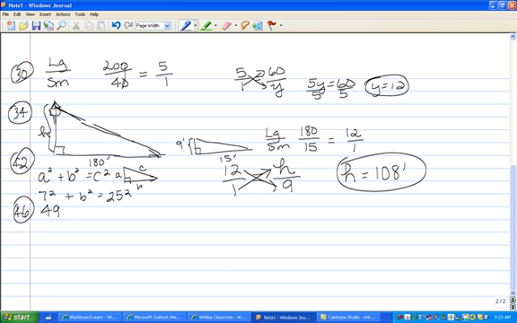So that's 49 plus b squared equals 625. Now we subtract 49. We get b squared equals 576. And we take the square root of 576. We get b is 24.